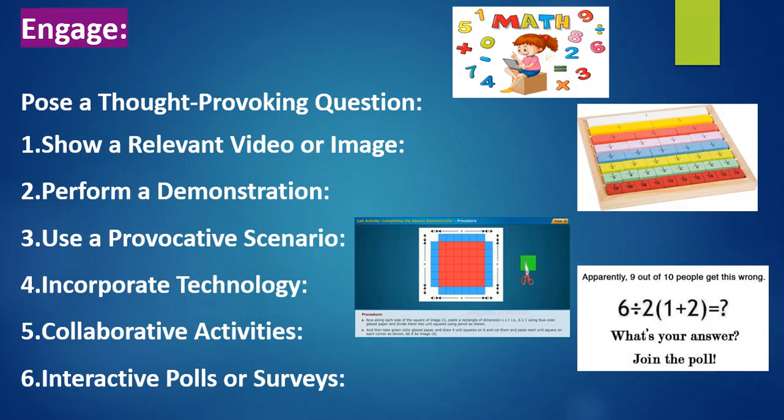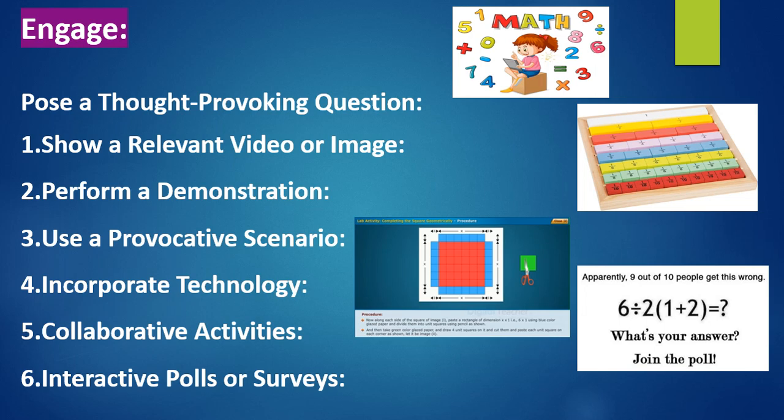Now I want to tell you some components of engage. Whenever we start to engage the students initially, we use relevant videos or images and show them to the students. Then we can start a demonstration on any topic. We can use a provocative scenario so that students start thinking about the topic.